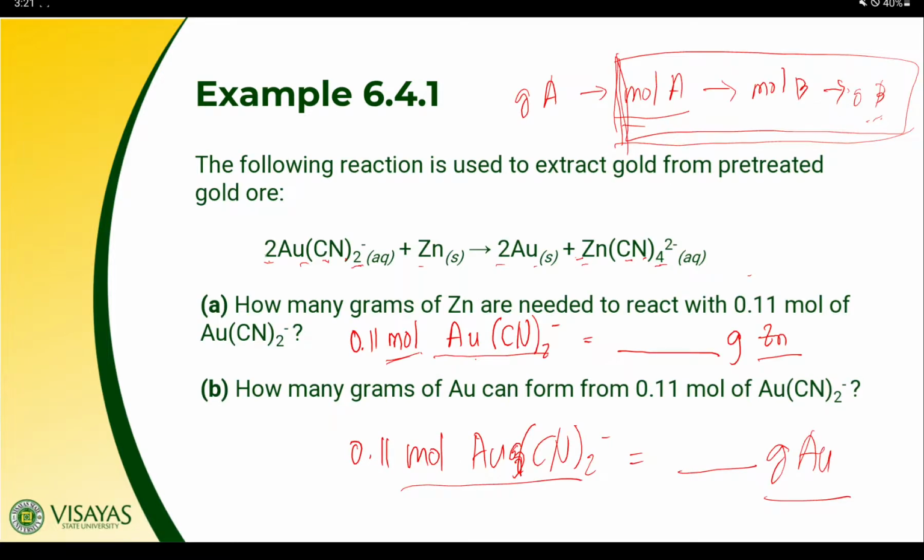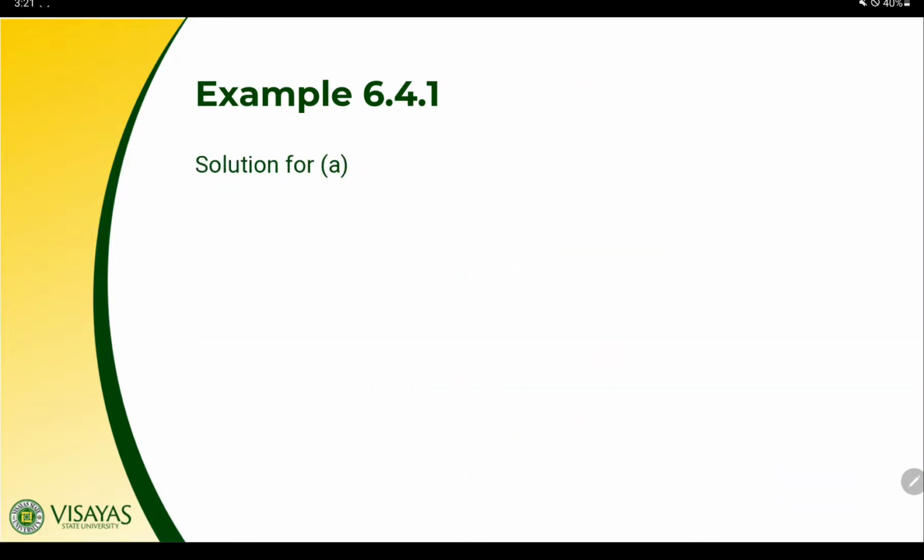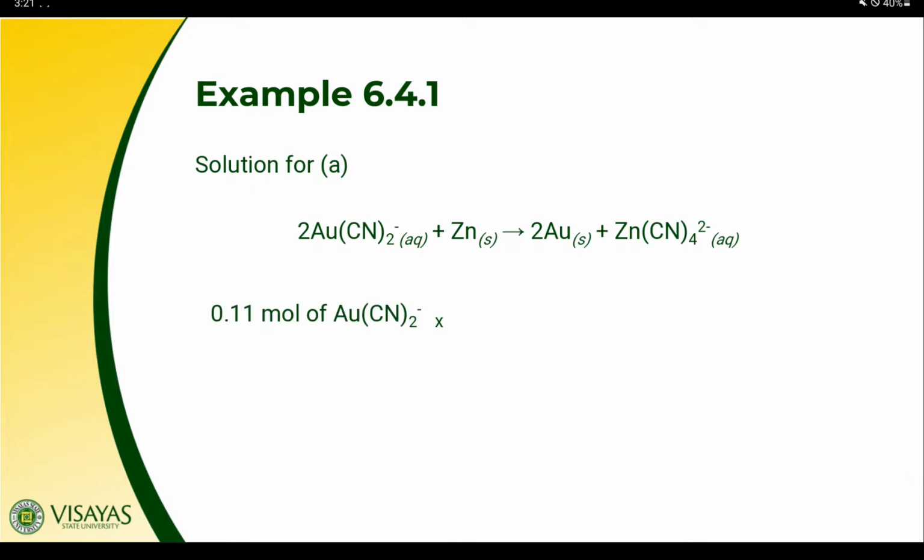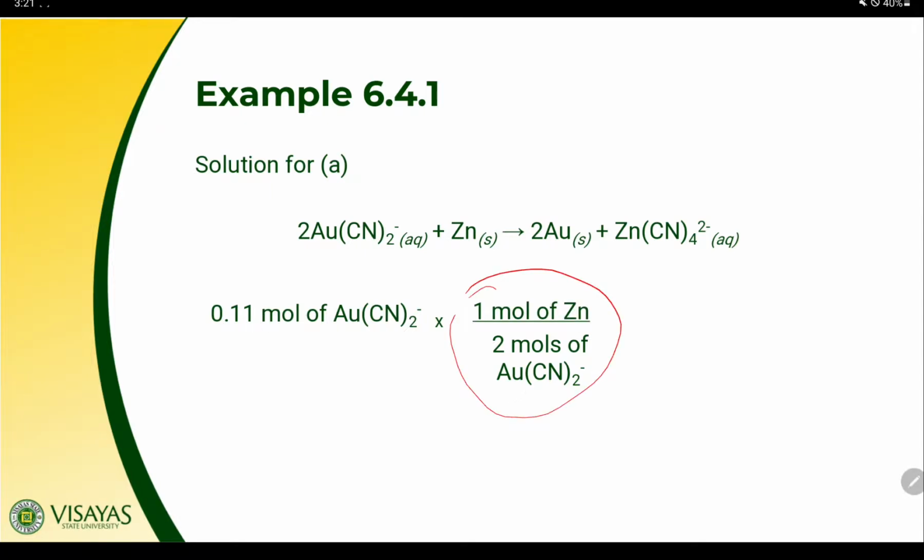So in the equation, we have 2 moles of gold cyanide and 1 mole of zinc. So we have this conversion factor here. We put mole gold cyanide in the denominator so that we can cancel this unit, and the mole zinc in the numerator.